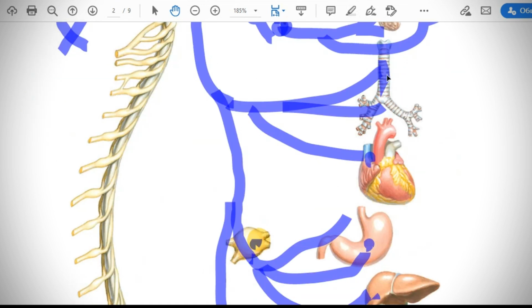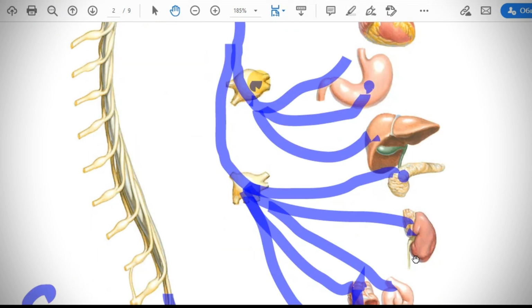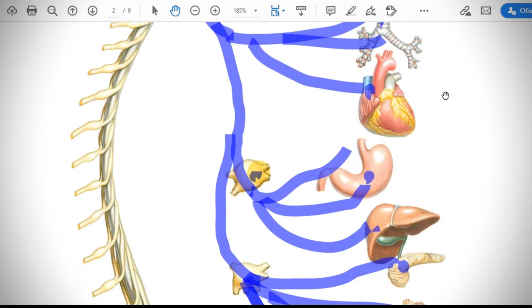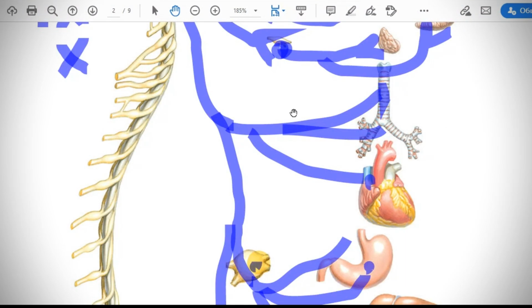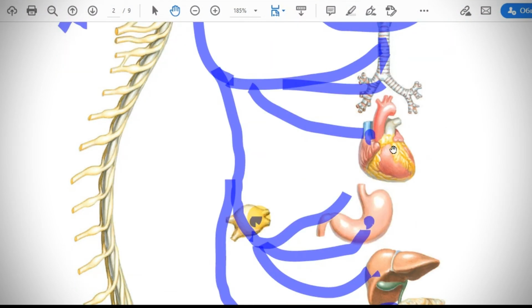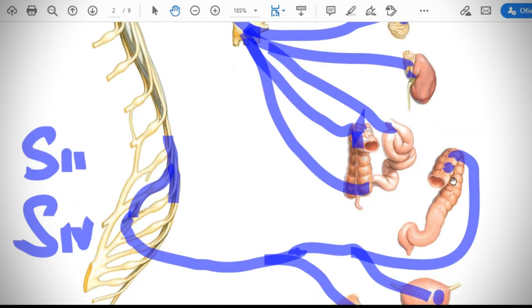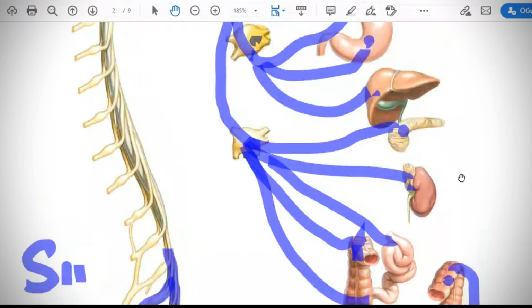If you talk about mucosa of your internal organs, the parasympathetic system increases production of mucus. Heart: the parasympathetic system decreases heart rate, decreases blood pressure. And if you talk about smooth muscles, the parasympathetic system increases contraction. So the parasympathetic system stimulates peristalsis of your intestines.